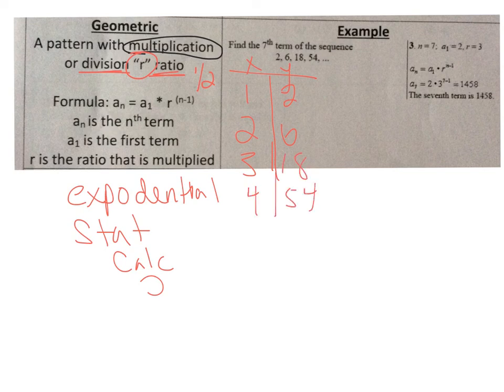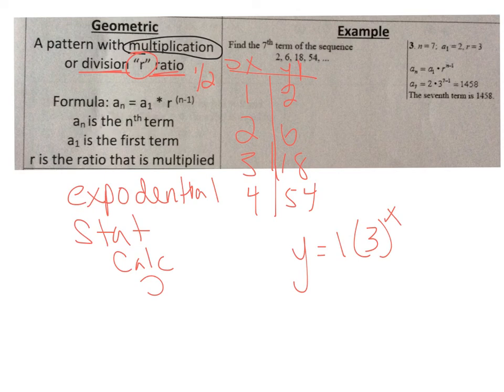Just to stay organized, that's how your table would look. If you want to back it up to 0, you want to divide by 2, my y-intercept would be 1. So if I wrote an equation, y equals 1 times 3 raised to the x power. That's going to be my exponential function.